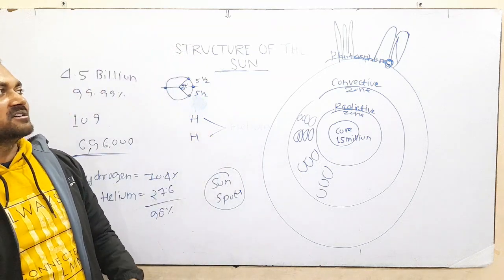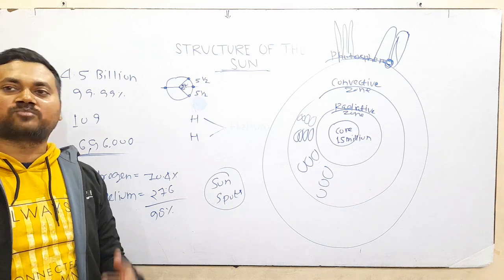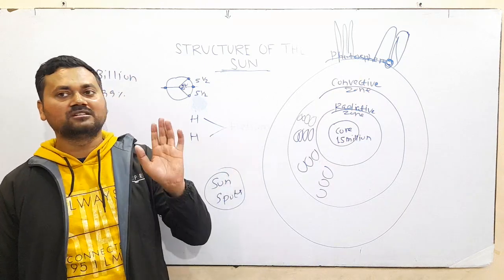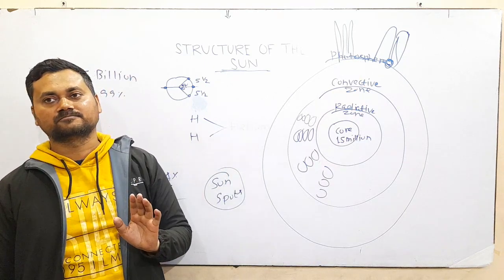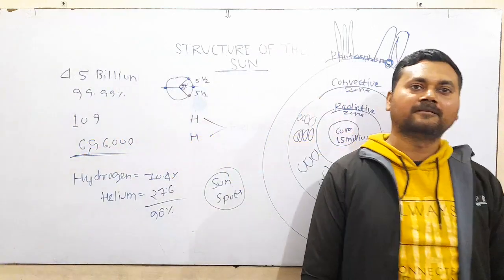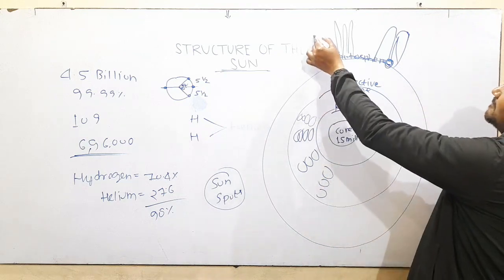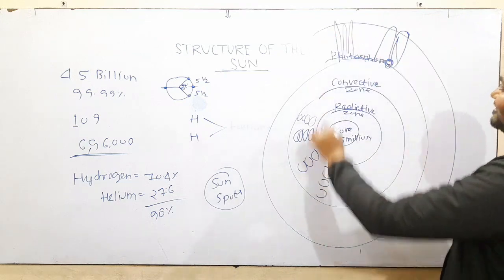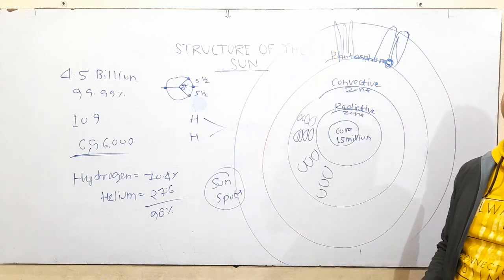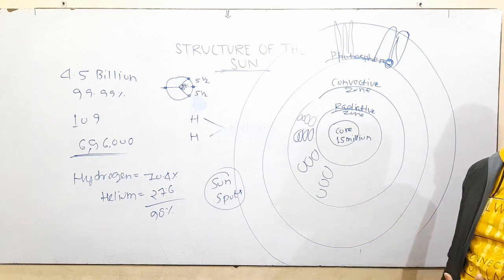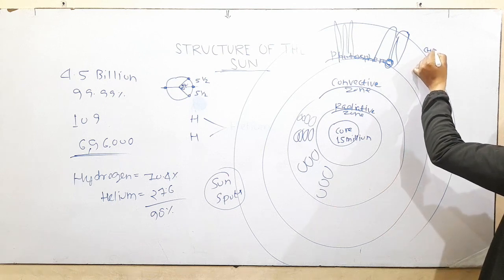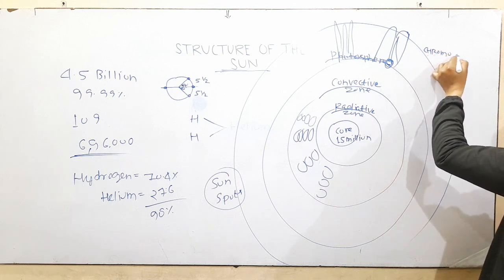So we need to keep in mind that the formation of solar spots happens where? On the photosphere, that is the fourth layer of the sun. And after the photosphere, the next layer is called the chromosphere.